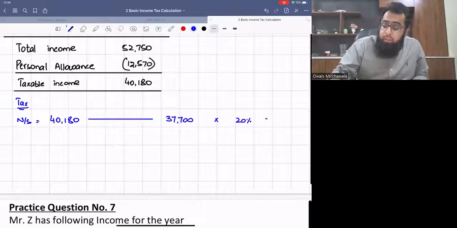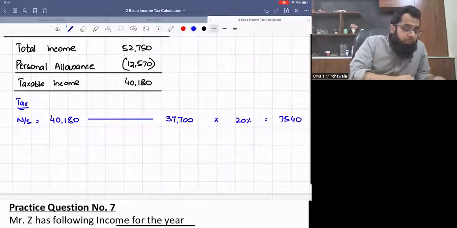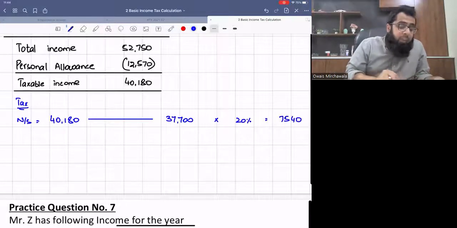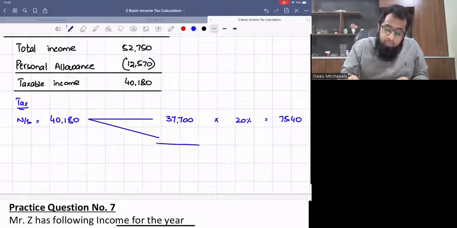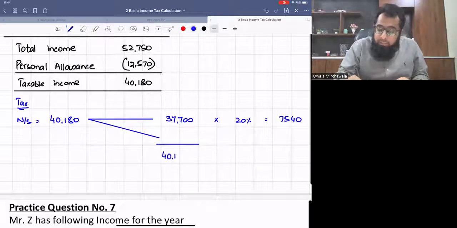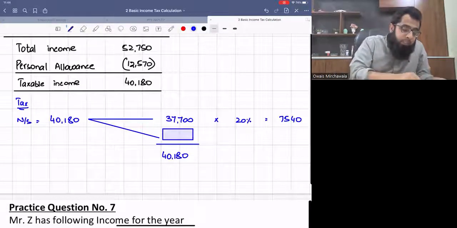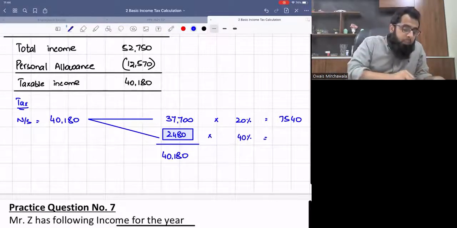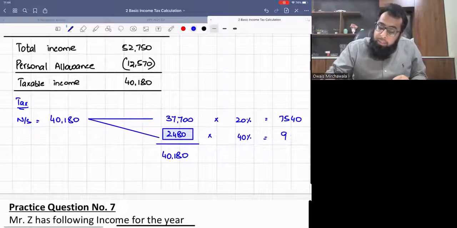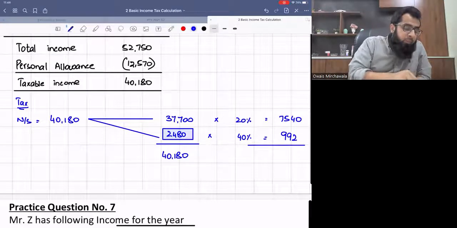On the initial 37,700, the rate of tax is 20%, which gives 7,540, and on the remaining, because after 37,700 the rate of tax increases to 40%, this gives us 992.75.